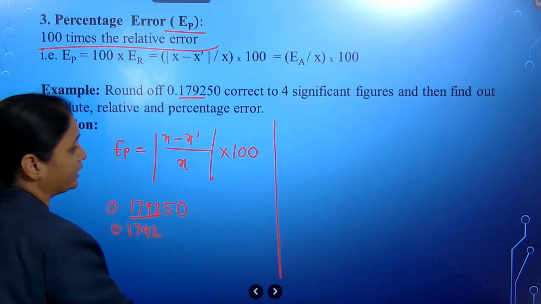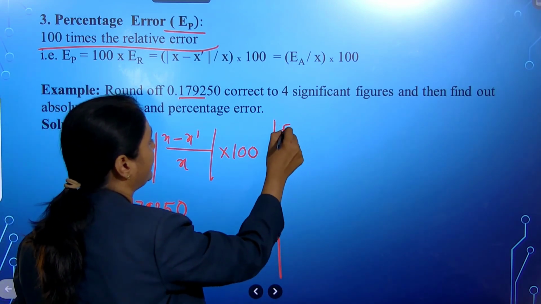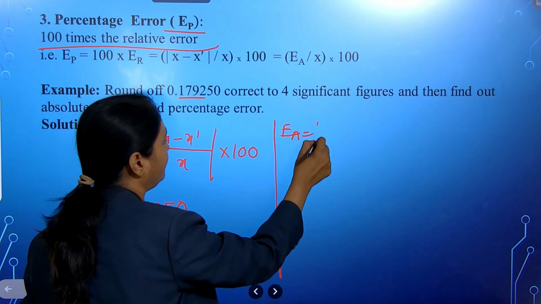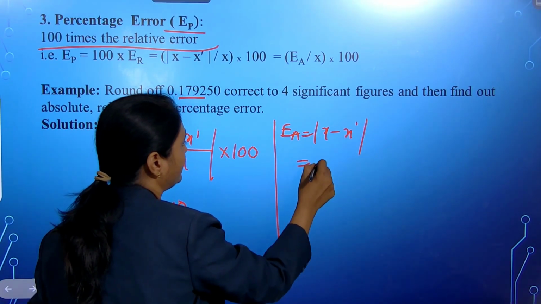Now we have to find the absolute error, relative error and percentage error. So first find out the absolute error. The absolute error EA is mod of x minus x dash. What is x?